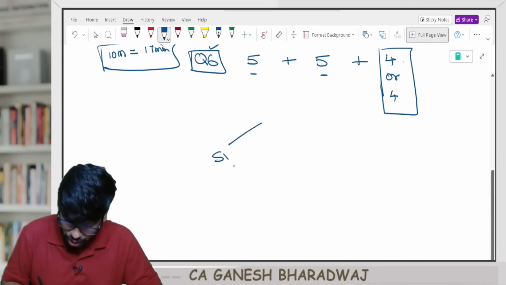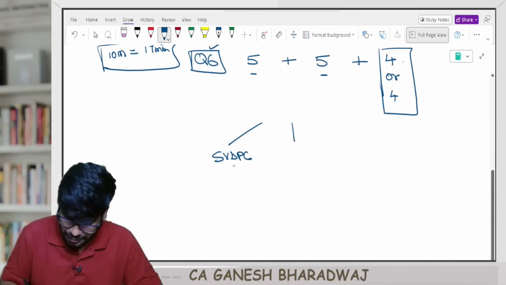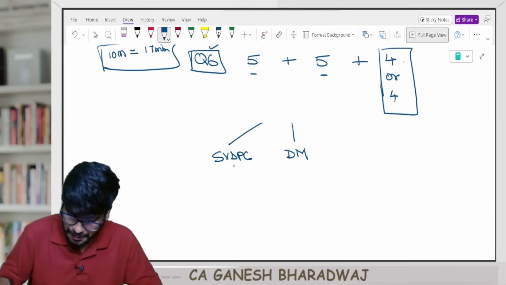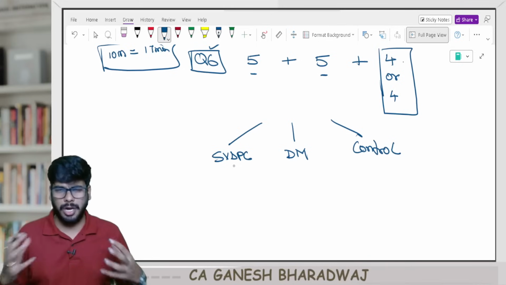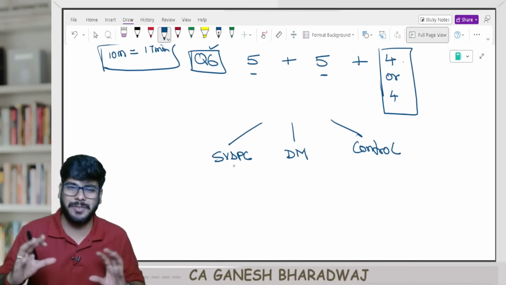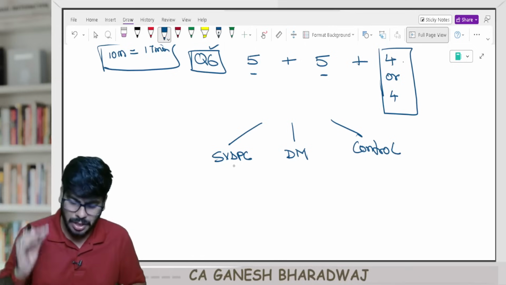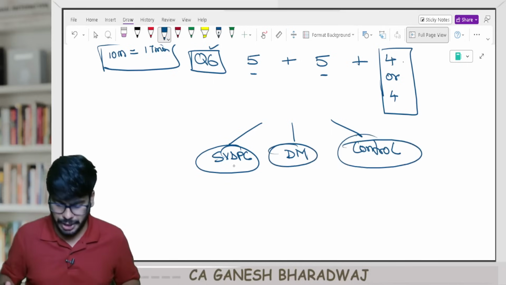One is stock valuation and profit computation. Then you have something called decision making. Then you have something called control, right? Broadly. In theory, they have split this into further selling price fixation and all that. What it is, I will tell you. Now, for all practical purposes, our subject has 3 broad objectives.